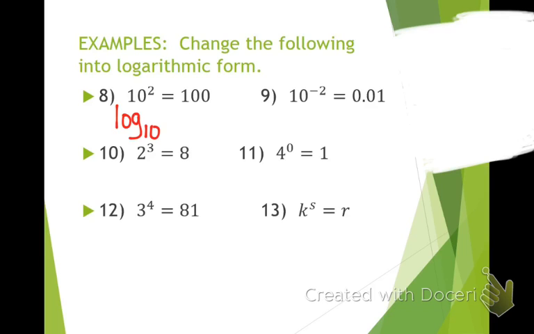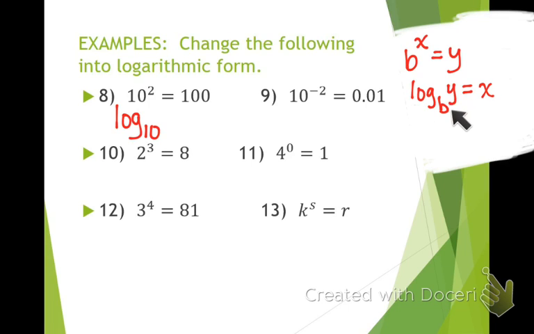If b to the x is equal to y, so you've got some exponent on a base equal to your power, then log base b of y is equal to x. So this is how we change it.